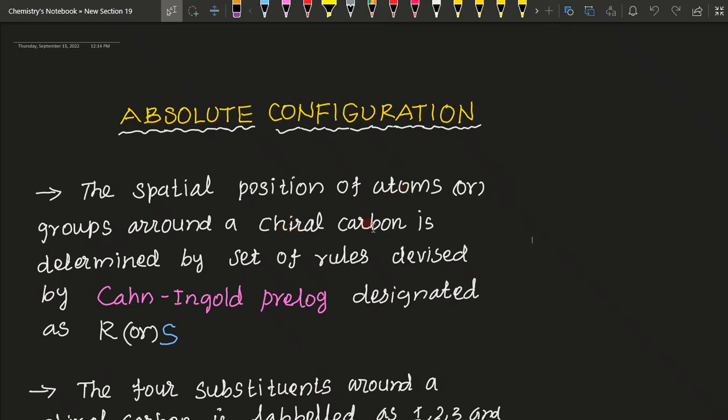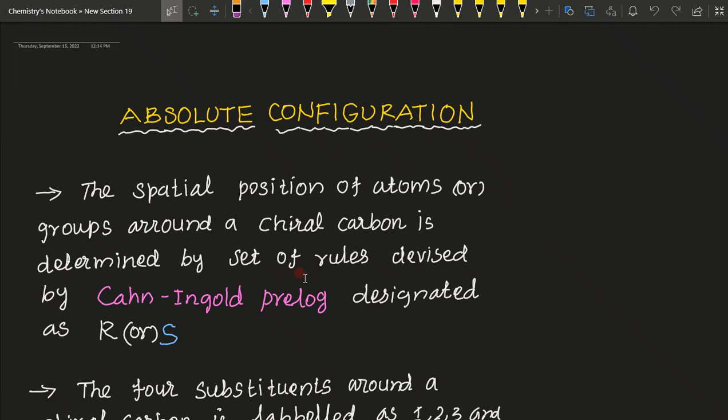The chiral carbon is also called asymmetric or non-superimposable.